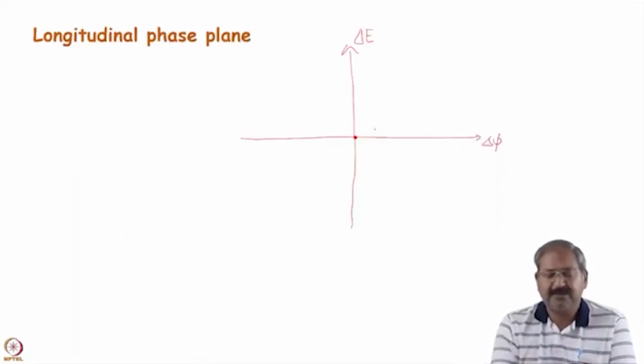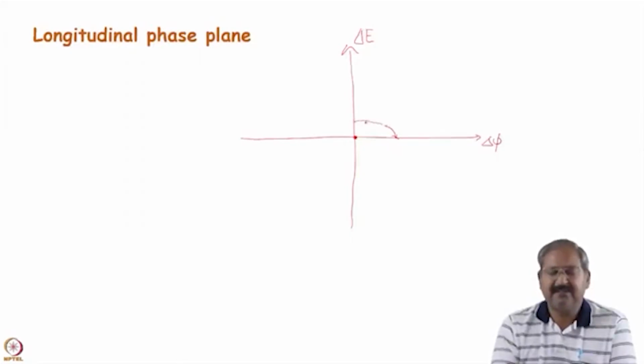Now for small oscillations, suppose this is the phase deviation of the particle initially with respect to the synchronous one. Turn by turn this phase deviation diminishes. However, the energy deviation increases, because up to a certain point it gets more and more energy than the synchronous one, so it will come here.